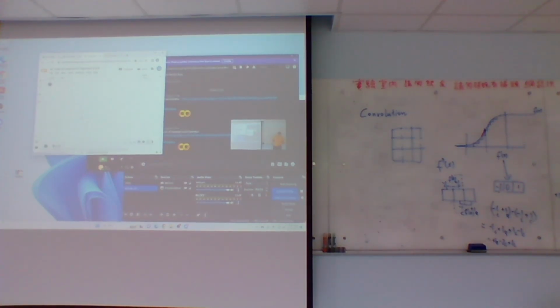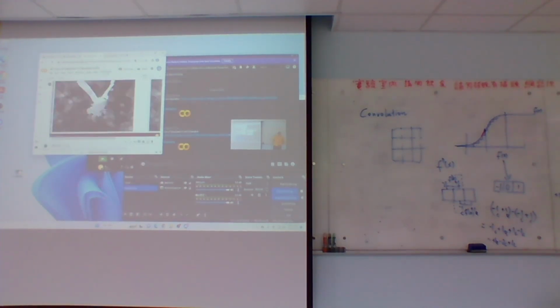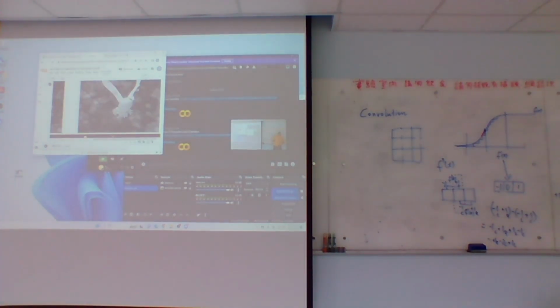And now we add some noise to it. So here's the original image.